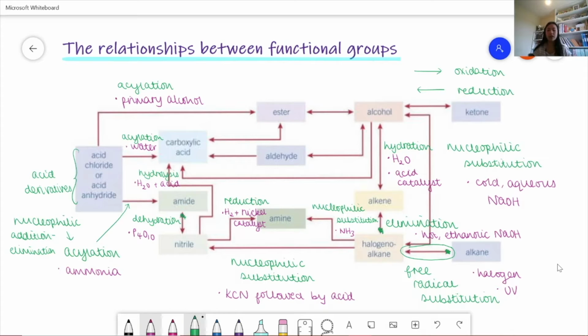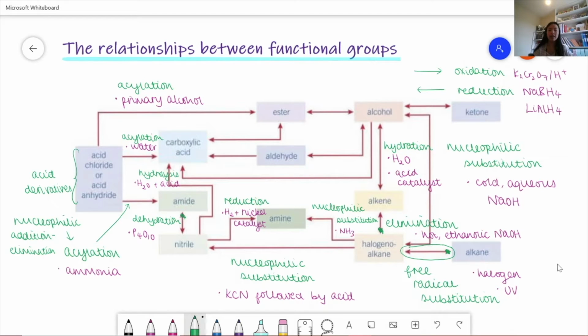And so for reduction, what we use is sodium borohydride, or LiAlH4. And for oxidation, what we use is potassium dichromate with a H+ catalyst. And this is the same for an alcohol to an aldehyde and a carboxylic acid. So primary alcohols will oxidize to an aldehyde and the aldehyde will oxidize to a carboxylic acid.